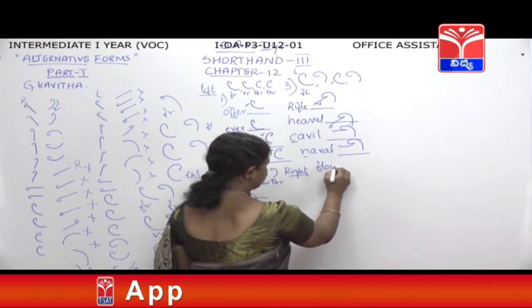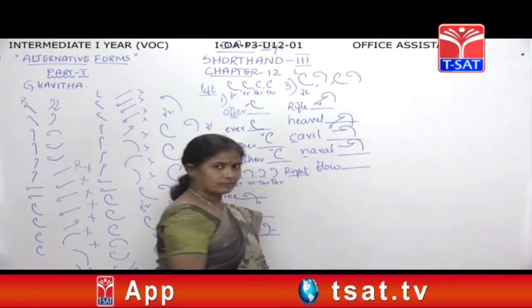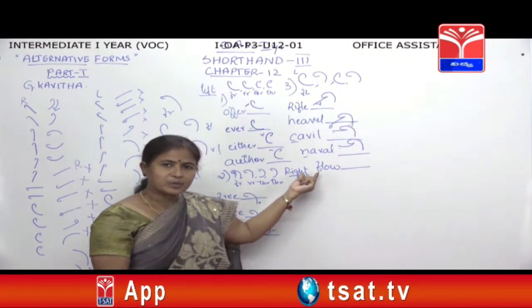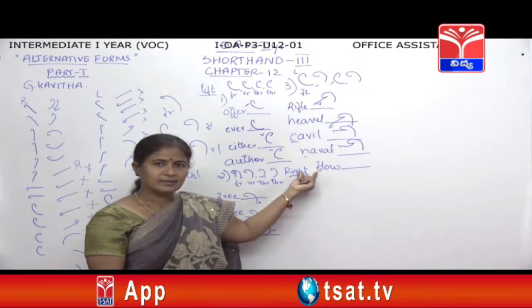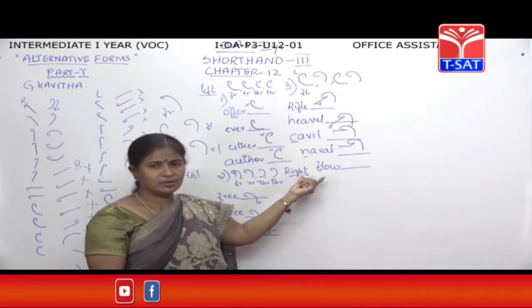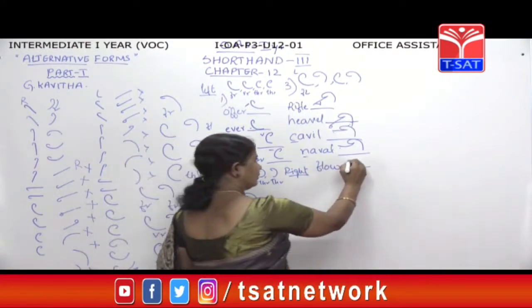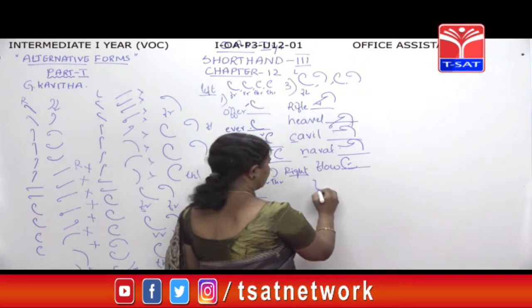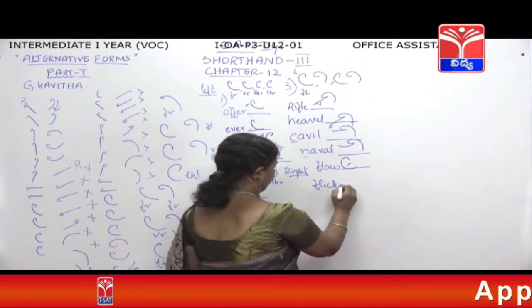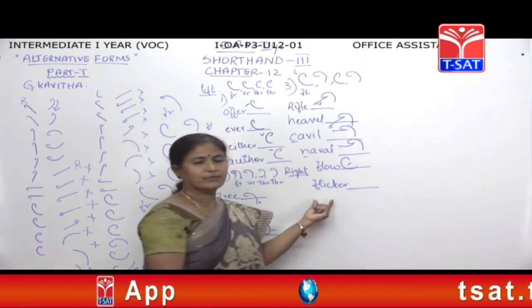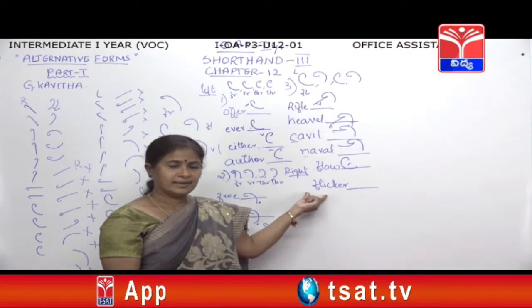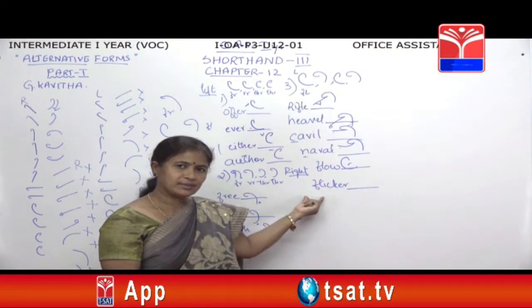Example, flow. Is any upstroke following here, or a horizontal stroke following? No. Only full standing alone, right? We use the left form of full. Flow. Flicker. Any upstrokes or horizontals before?